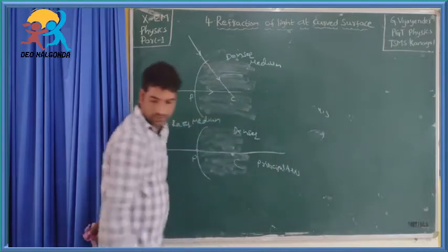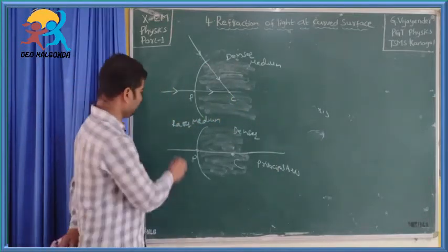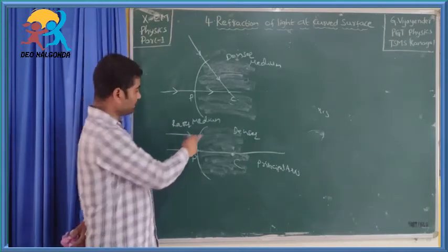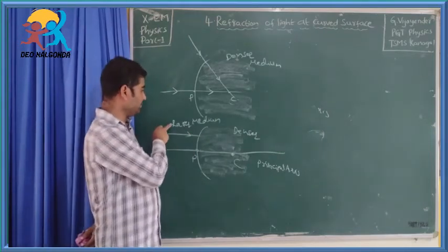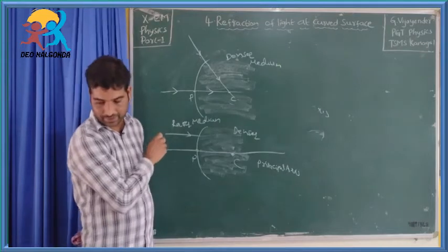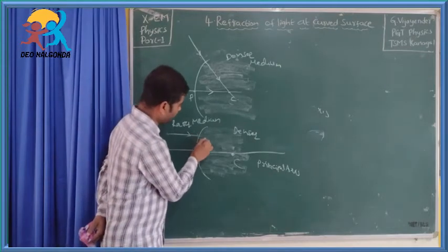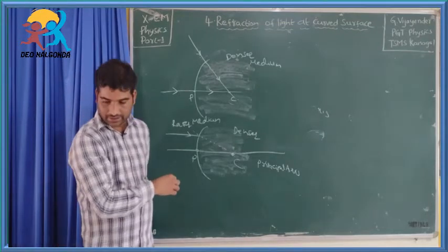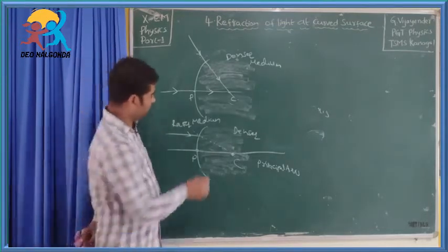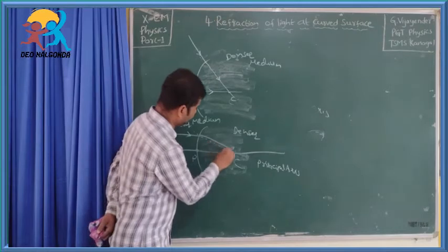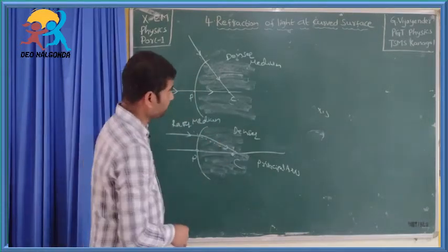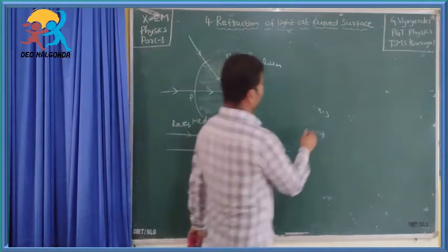Now, the incident ray is parallel to the principal axis and incident on the convex surface. It is traveling from rarer medium to denser medium. Now, we have drawn the normal. After refraction, it is bending toward the normal. This is case 1.